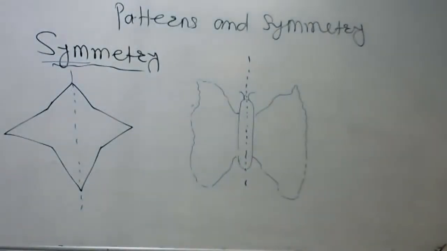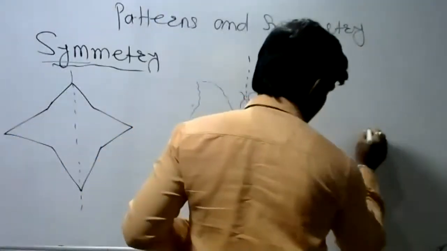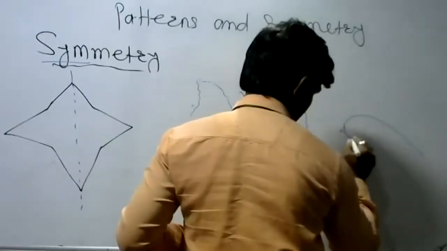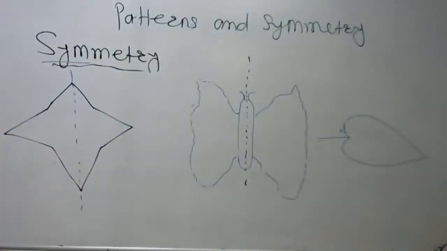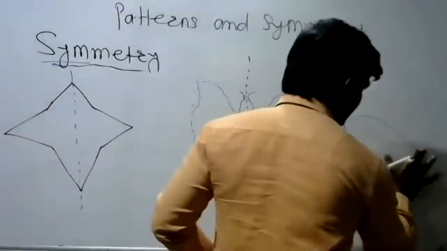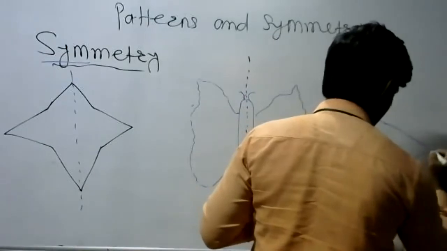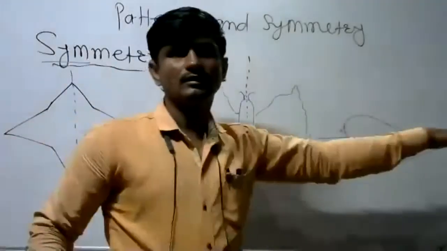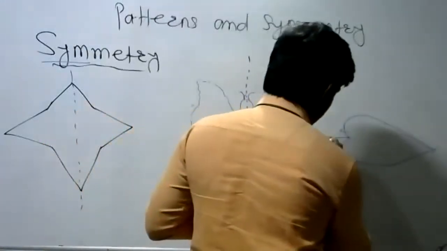Now use different shapes. Pay attention now, like we have lips. This is the lips, if we make symmetry of it, yes, this is the vertical symmetry and this is the horizontal. See, like this.